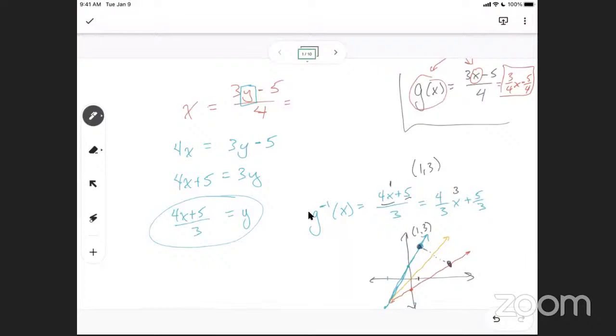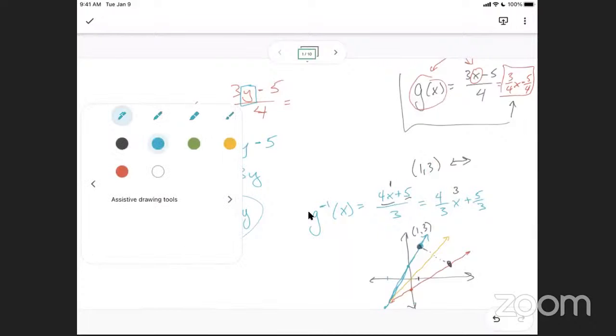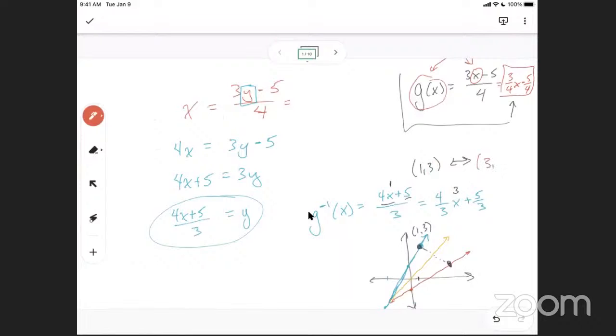And if you put in 3 into the other one, I'm taking the y value and changing it. I'm basically flipping the x and the y value. So on the red graph, the point would be 3, 1.